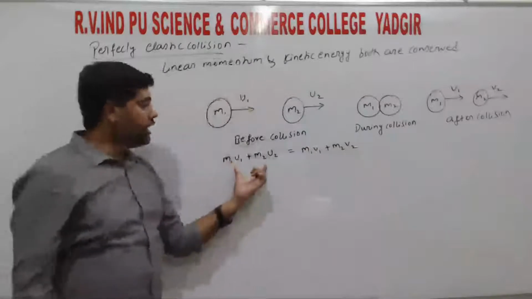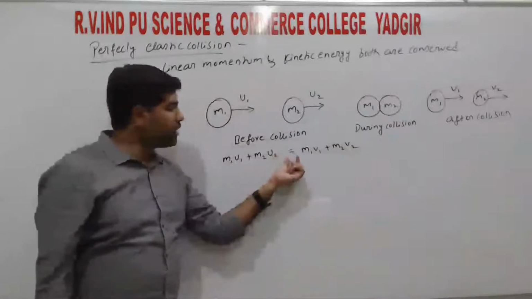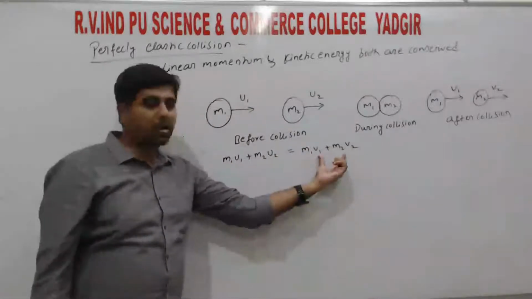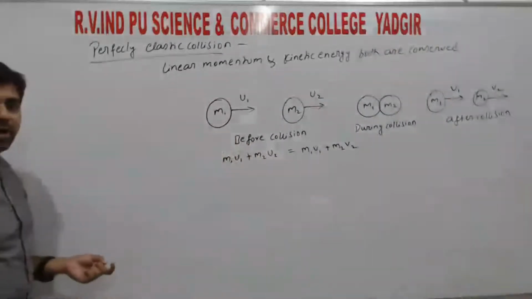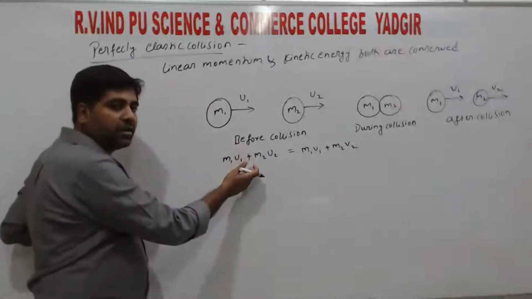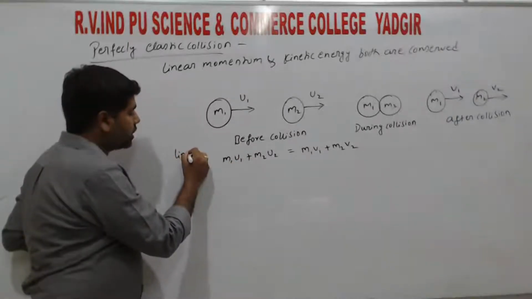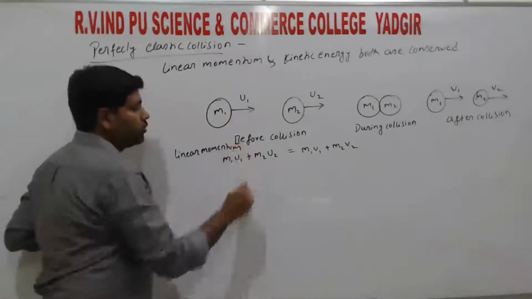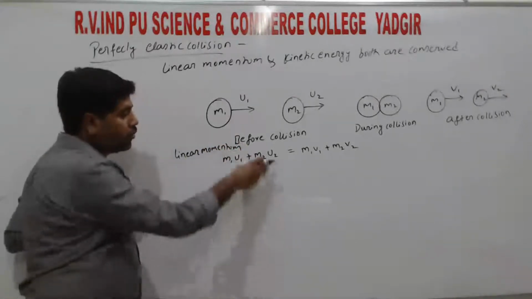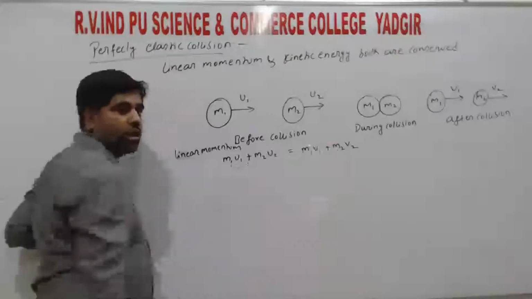So this is the linear momentum before collision, equal to the linear momentum after collision. We already derived this in laws of motion, right? So directly we can write here, linear momentum is conserved, before collision equals after collision.